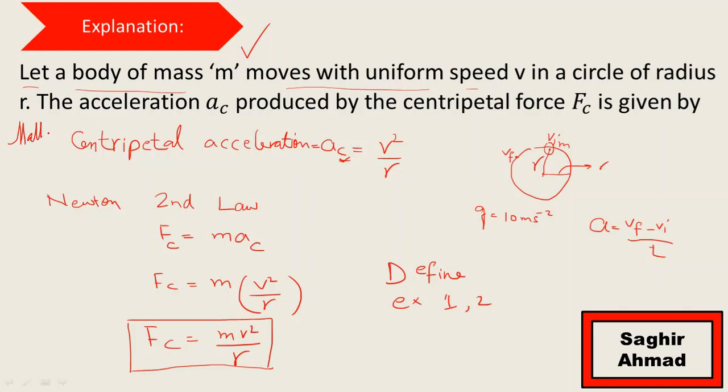Write the mathematical form, and there are 2 to 3 lines given just below this equation, that centripetal force depends upon the mass of the object, the square of the velocity of the object, and the radius of the circle.